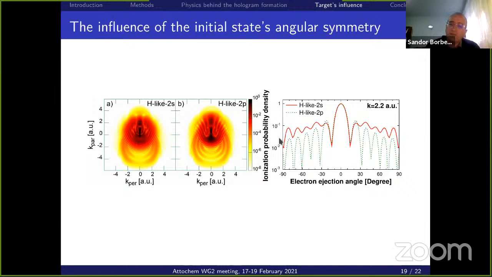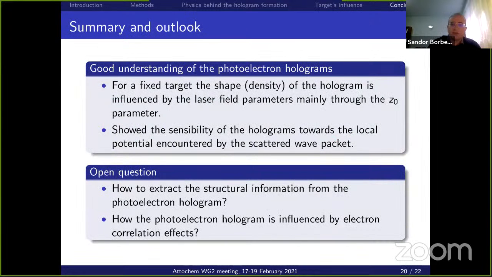So from this, we can conclude that this interference pattern, namely the location of the interference minima, is not influenced strongly by the initial state's angular symmetry. Now I will arrive at the end of my talk.